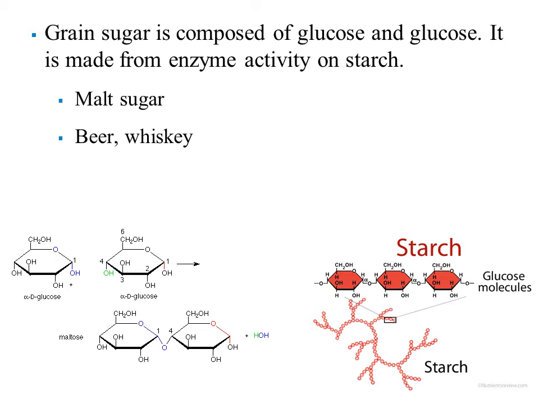So again, if you look at our image to the bottom right, this is starch. It is a complex polymer. If we start breaking off two sugars that are linked together in pairs, these will be called maltose. These are dimers. These are two glucose monomers linked together.